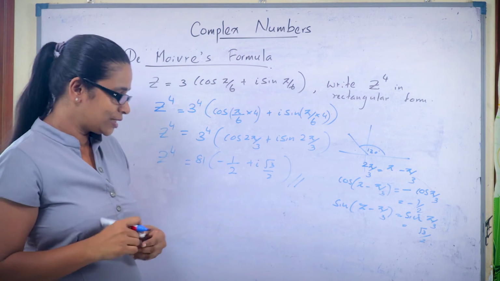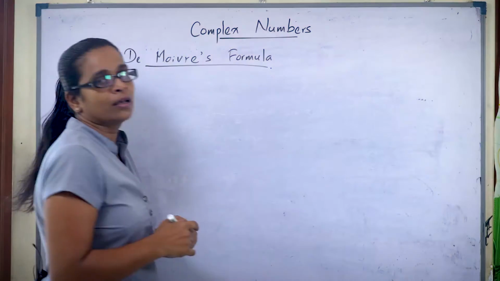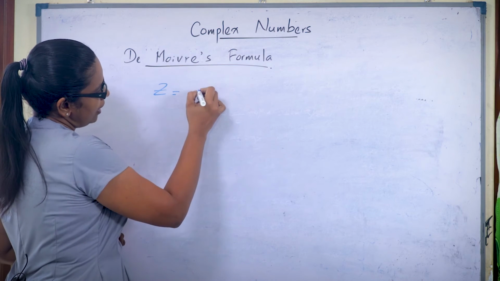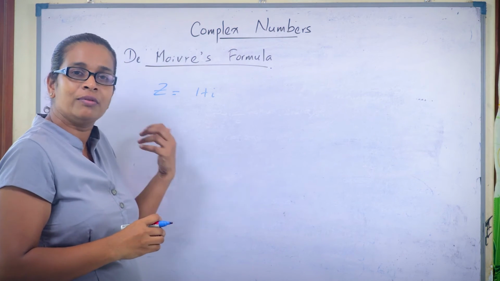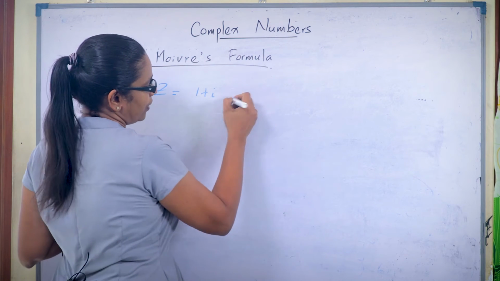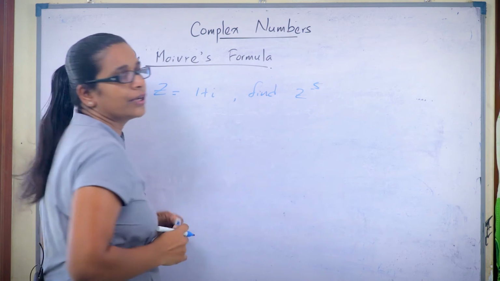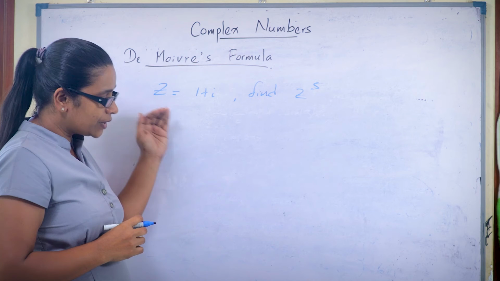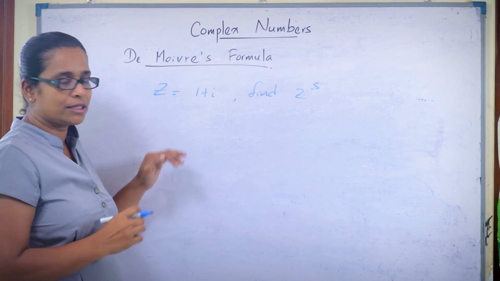Okay. Let's talk about one more example. Now consider z equal 1 plus i. Now this is in rectangular form. You need to find z raised to the power 5. So in the first step, you have to write this down in polar representation.